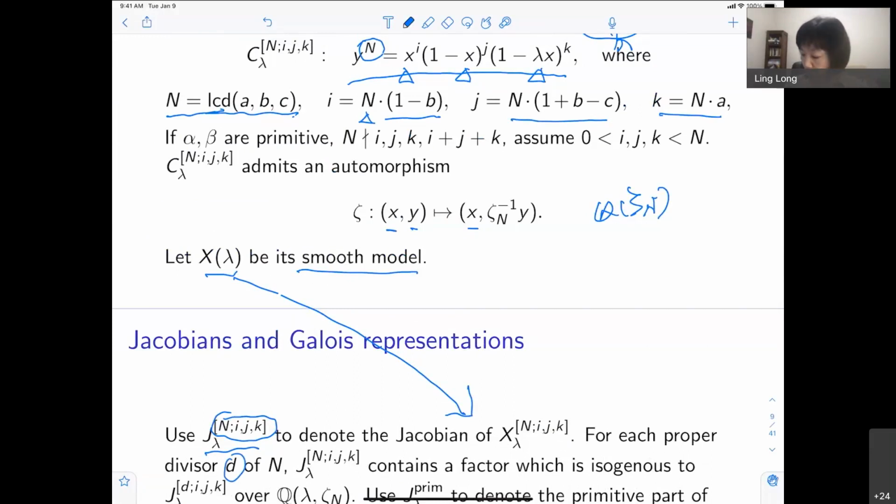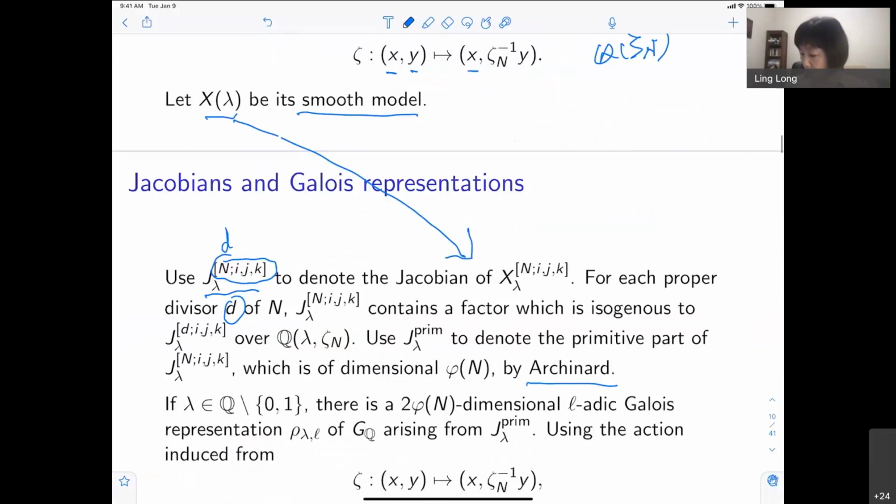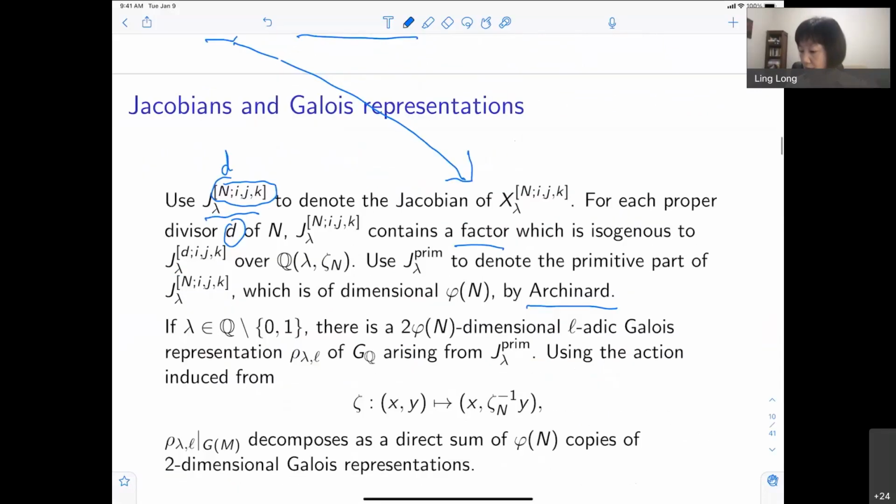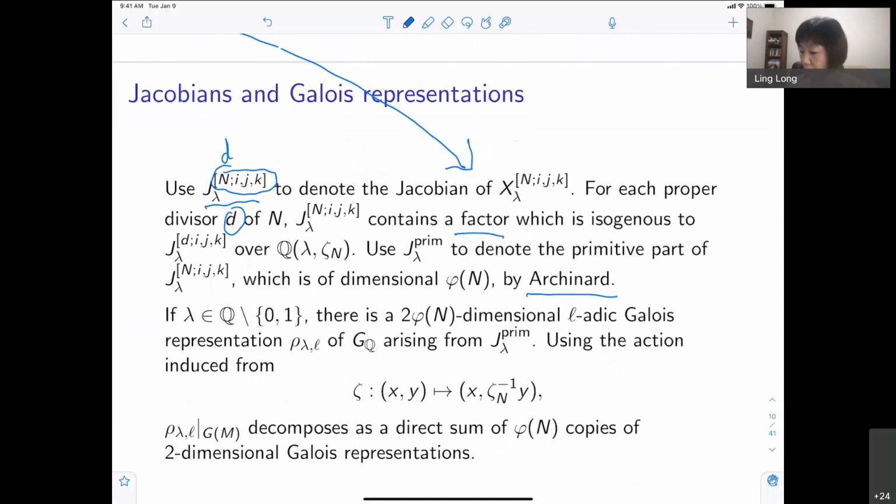If I replace this quantity N by D, I will get a similar picture. So the corresponding Jacobian, when I replace capital N by its proper divisor, gives a factor, or a quotient, which is isogenous to the old part if we choose D to be a proper divisor.